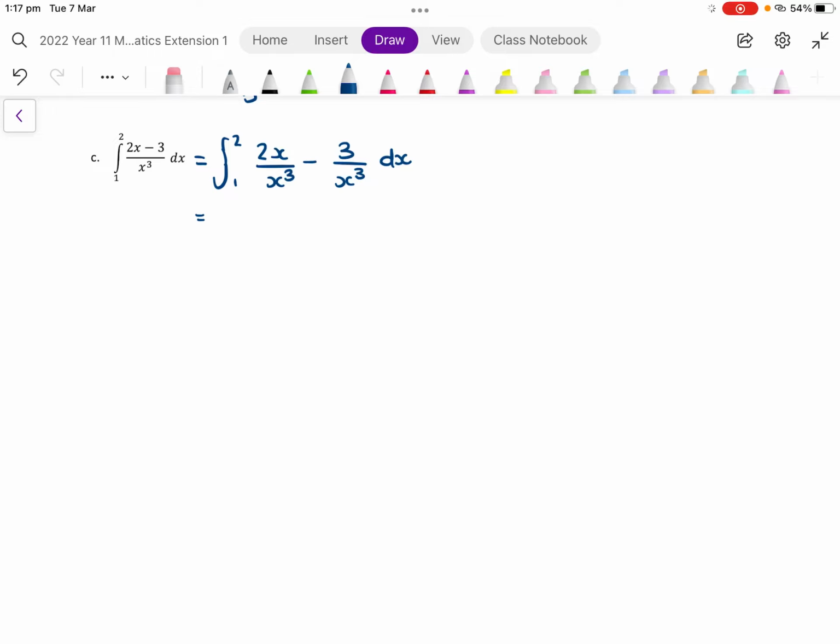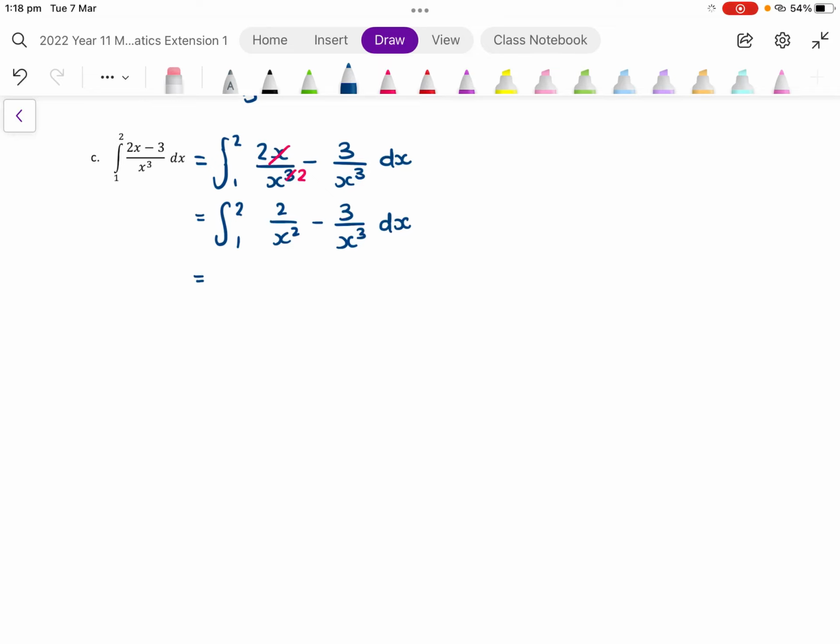Now we can simplify these fractions by cancelling out the x's. So 2x over x cubed will turn into 2 over x squared, and then we'll have minus 3 over x cubed dx.